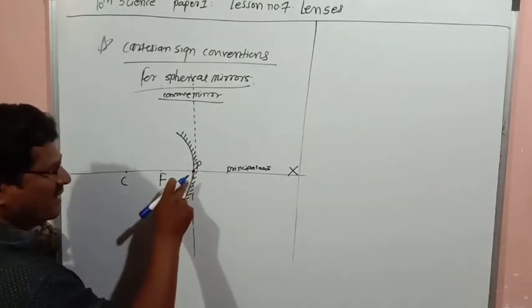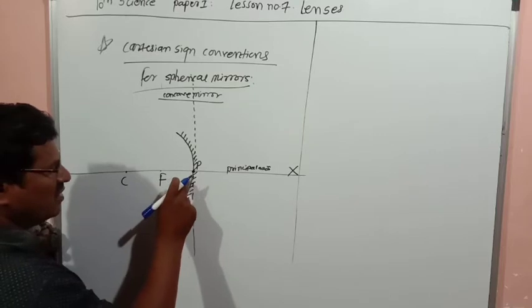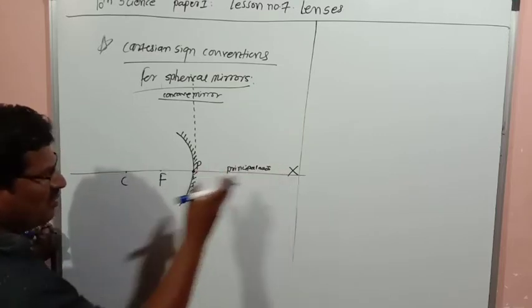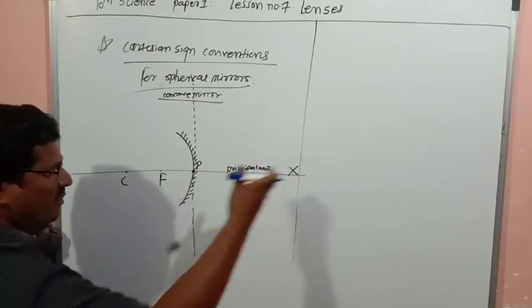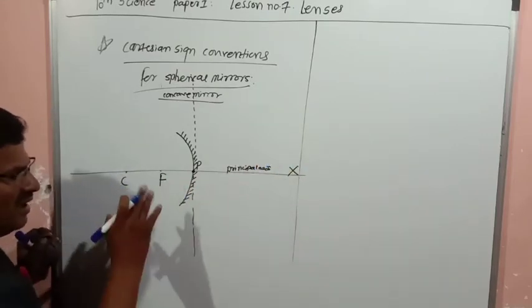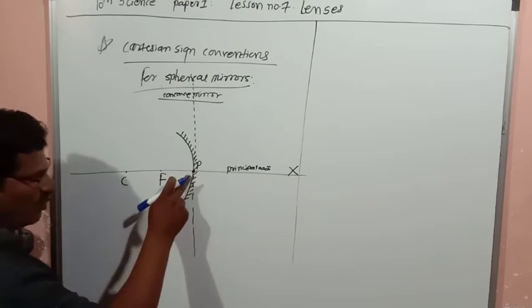All the distances parallel to the principal axis, to the forward, backward, front side, back side, are measured from the pole.